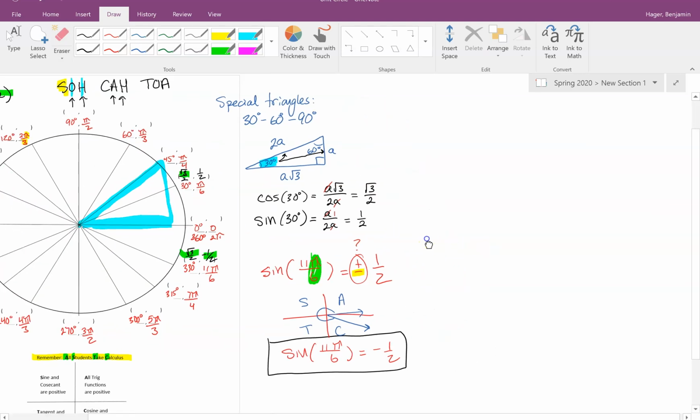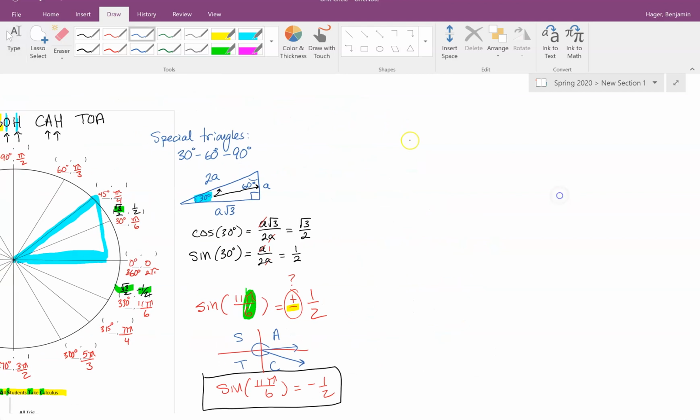Well, one of my other special triangles is the 45, 45, 90. And in that right triangle, because the two angles here are both 45, it's isosceles.